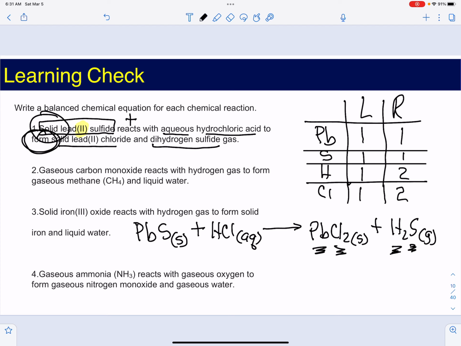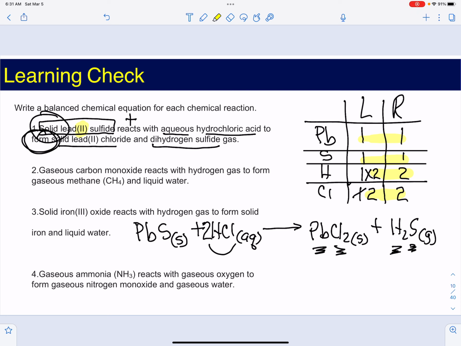So the lead is already balanced, the sulfur is already balanced. Let's multiply on the left side for the hydrogen. Wherever the hydrogen is on the left side, I'm gonna multiply by 2 using a coefficient, which is gonna change my chlorine also. So this just went to 2, and it's balanced now. That was easy. With only one coefficient, we were able to balance the equation.